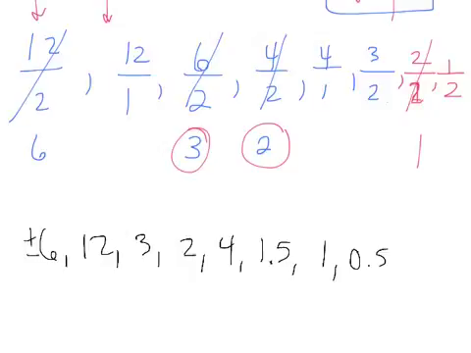This is good that it didn't work. I'm happy, actually. We got 4 as one of our possibilities, right? 4 over 1. What does this tell me? None of these are the roots. So there are no rational roots. But there are roots though.